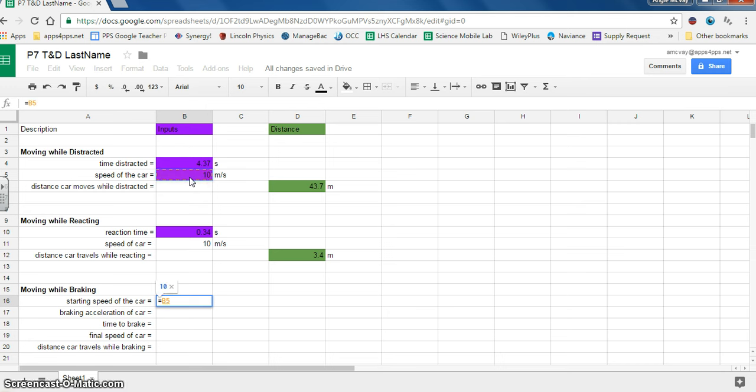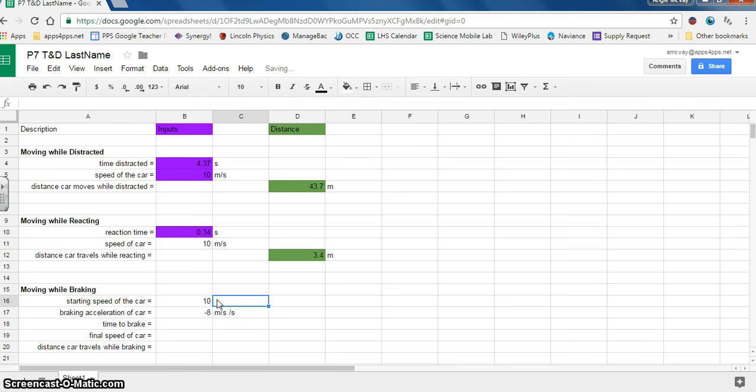That'll be the initial speed of our car. The braking acceleration is negative, since it's slowing down and taking away from our velocity, so -8. Remember, we want to put units over here, so -8 meters per second squared. That's how much the speed changes every second.